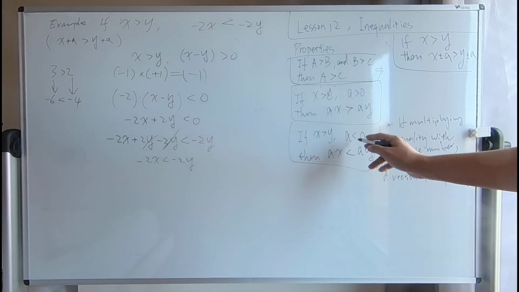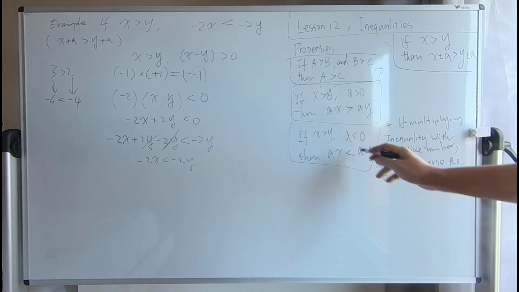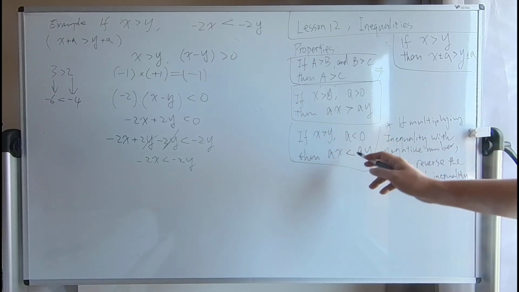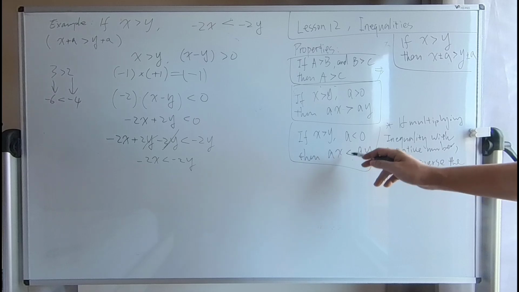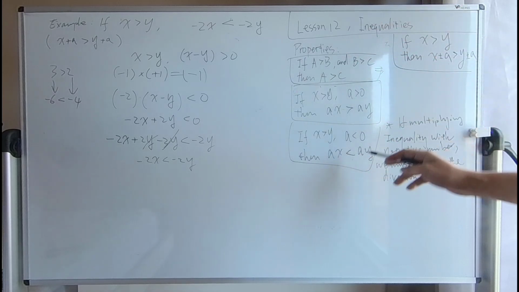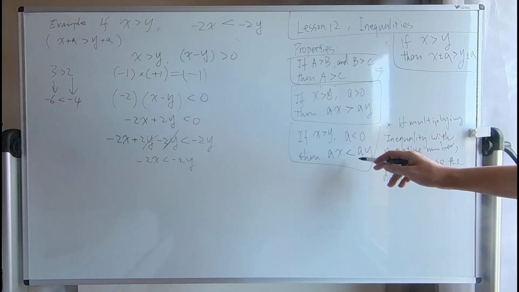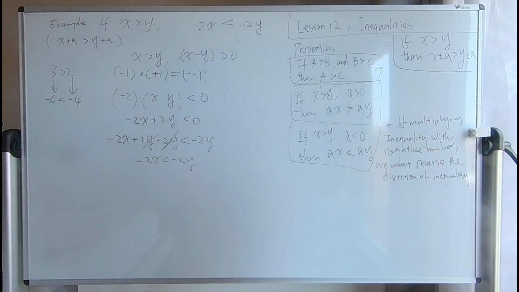Basically, if you're multiplying a negative number, we must reverse the direction. This is very important, and this is different from equations, or different from all other properties. So consider this a special case and be very careful that multiplying a negative number will change the sign of the inequality.